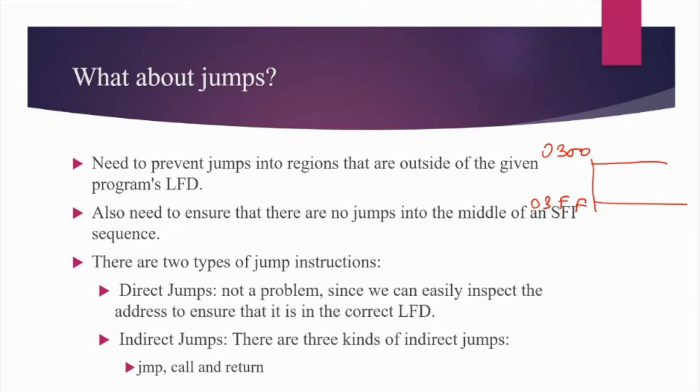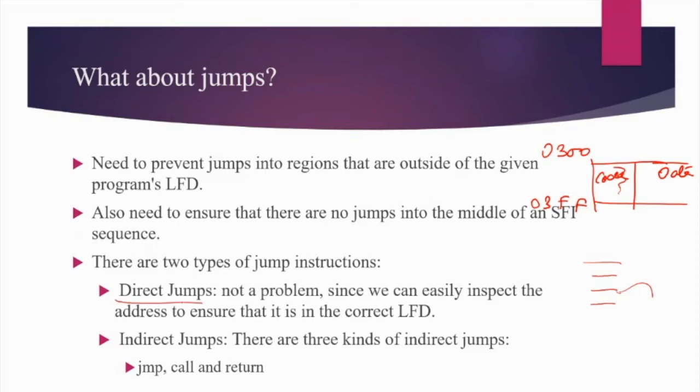In this code and data segment, we want jumps to happen only in the code segment and that too within the range, right? And there will be no jumps in the middle of an SFI sequence, right? So it is not possible that you have created an SFI sequence and then in the middle there is a jump.